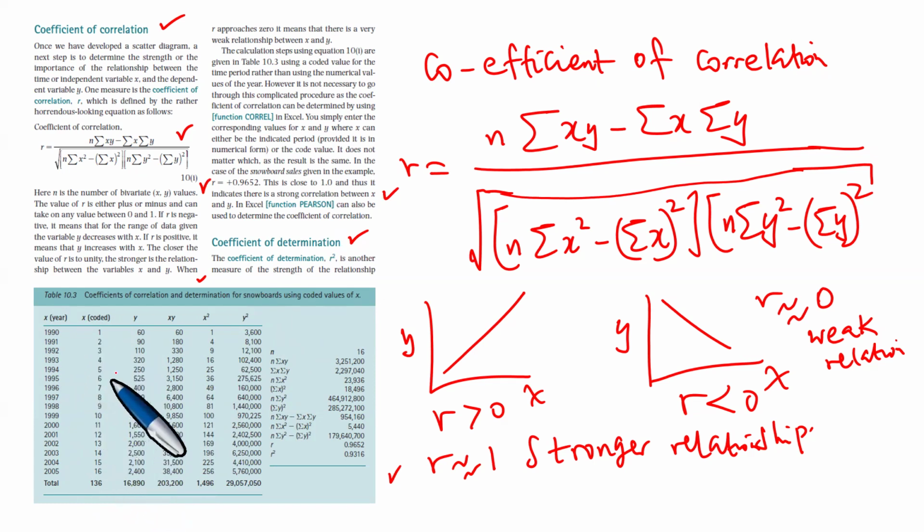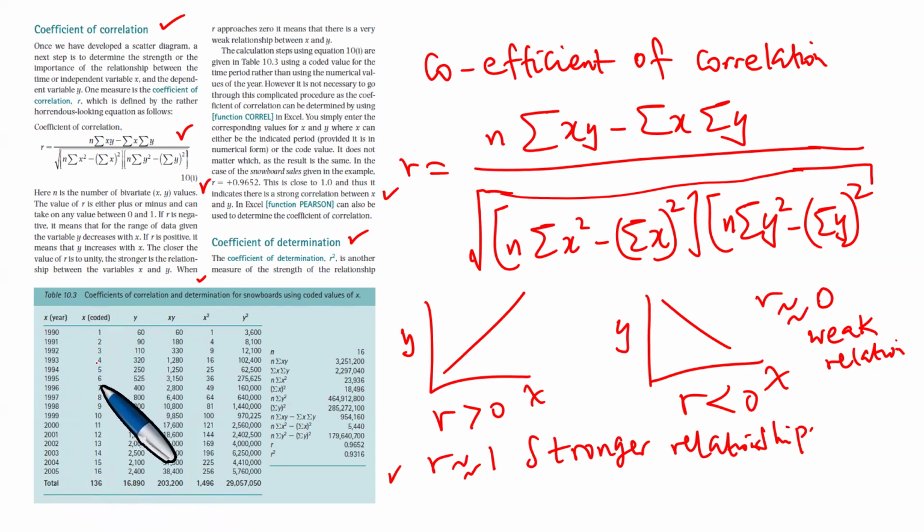And we have the Y, the units sold of the snowboards. You can see that 60 snowboards were sold in the first year, 90 were sold in year 2, and so on. There are totals here, and this is very important.